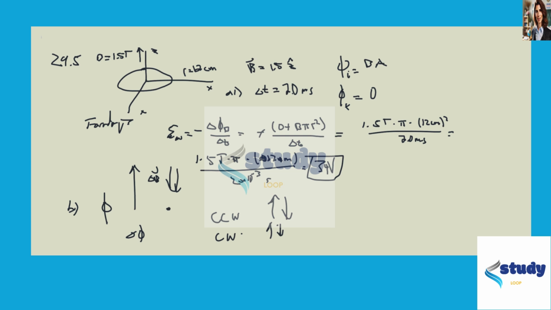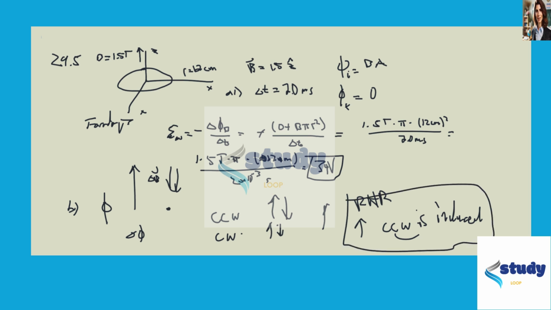Since the change is pointing down, whichever one is up is the current that we're inducing. Using the right hand rule, you should see that a counterclockwise current would produce a field upward. That means counterclockwise is induced, since we need the induced current to oppose the change. Awesome.